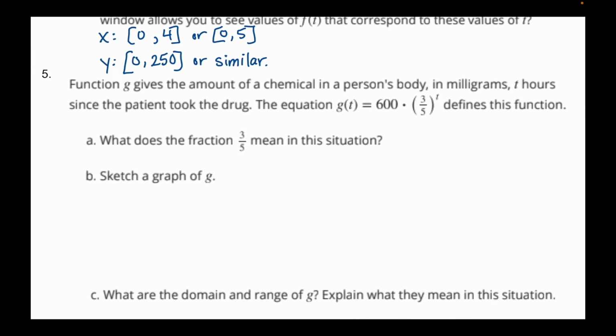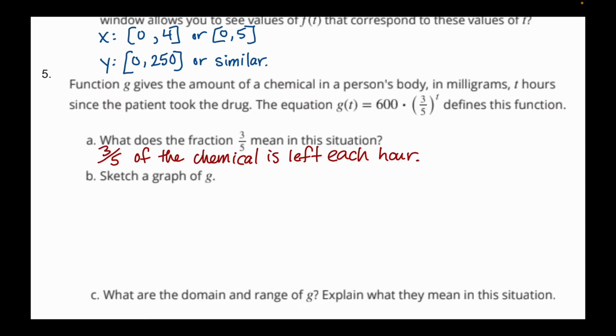Each hour is what's left. So we can say 3/5 of the chemical is left each hour.